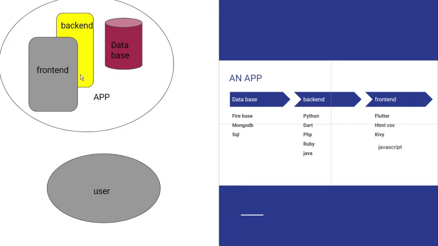With this we got to know that it's a complete application with these many components. A user is going to interact with the front end. Whatever website or application we are seeing is just the front end, and back end and database we cannot see as a user.